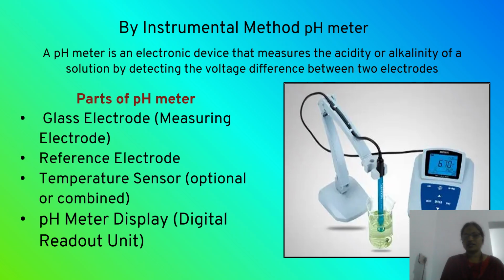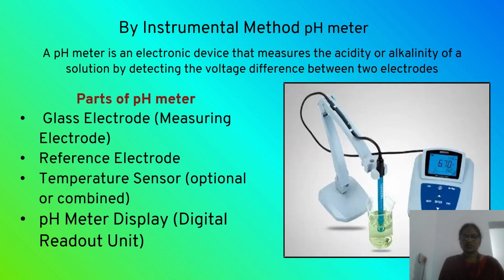Generally in our instrument, the indicator electrode is made of glass and the reference electrode is made of hydrogen electrode, and there is also a temperature sensor. We can adjust the room temperature, and it can also increase or decrease the temperature, and another part is the pH meter display.